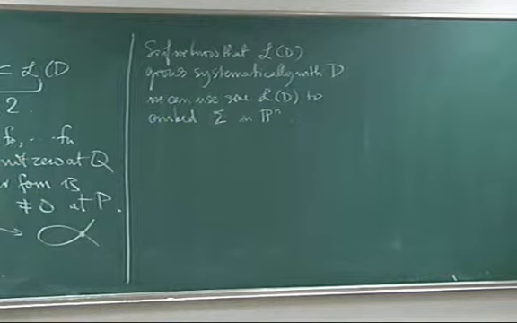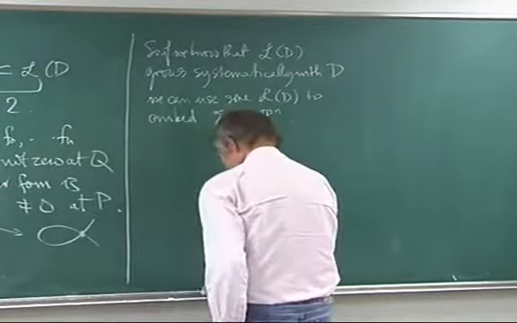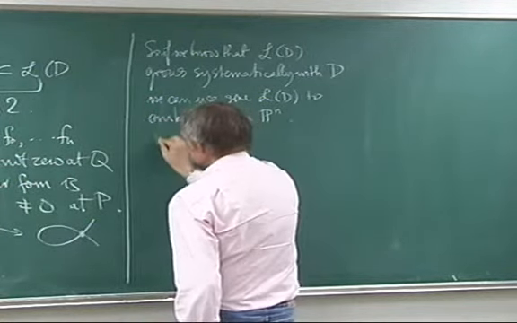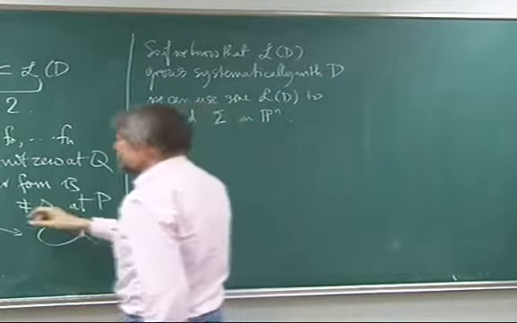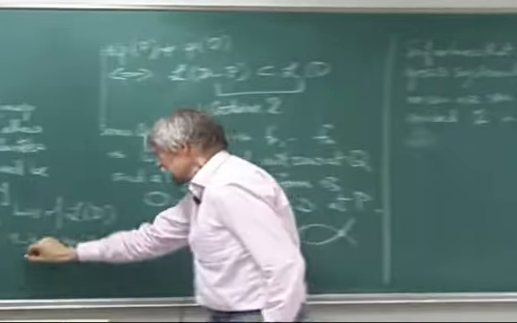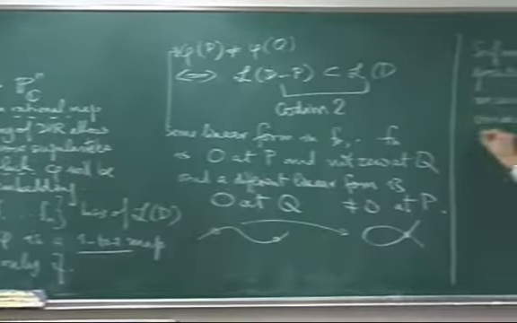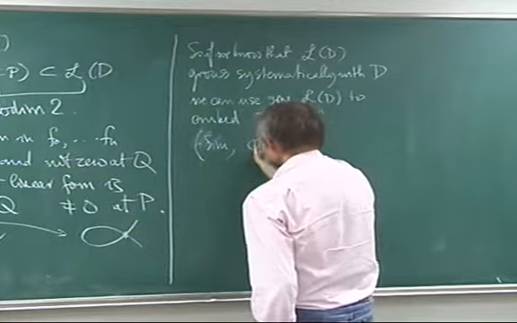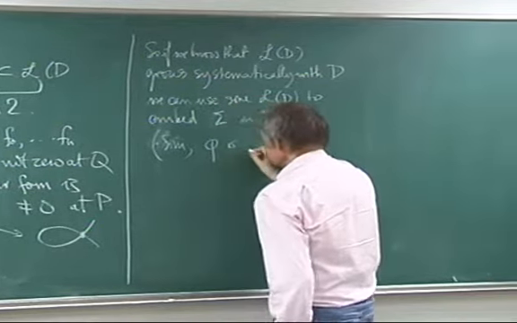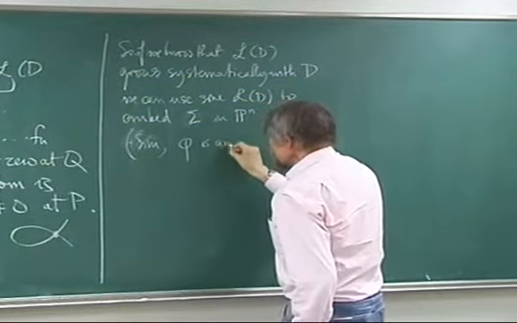And then, well, why is it an embedded variety? Let me say, I explained this for the map to be one-to-one. So similarly, phi is an embedding.